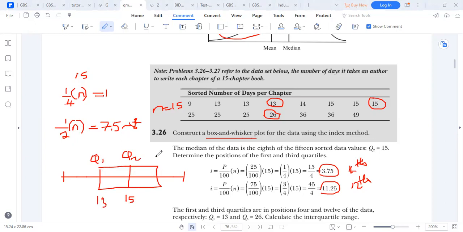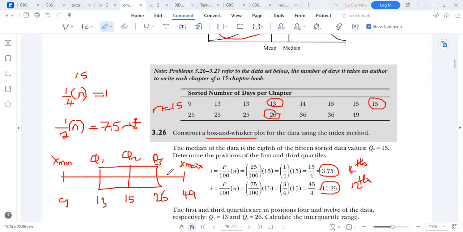Q3 is 26. Correct. What else do we have? So we have the minimum and the max. What is our minimum? Which is 9. 9 and what? 49. Okay.